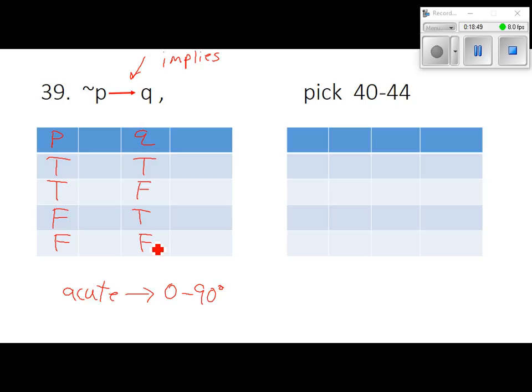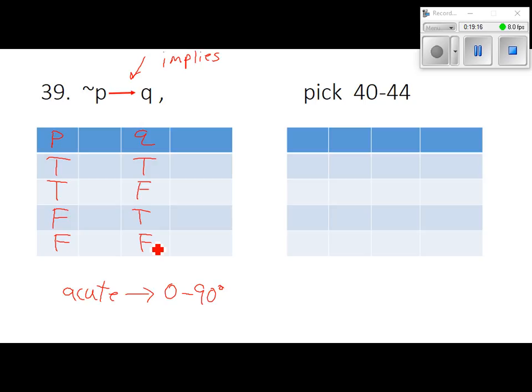If you were doing a 2-question true and false test and you had no clue what was on the test, you didn't study for it, and you had to guess, these are the 4 answers you could give on that test. You could say both of them are true. You could say one's true, one's false. You could say one's false, one's true. You could say both of them are false. 4 different ways.